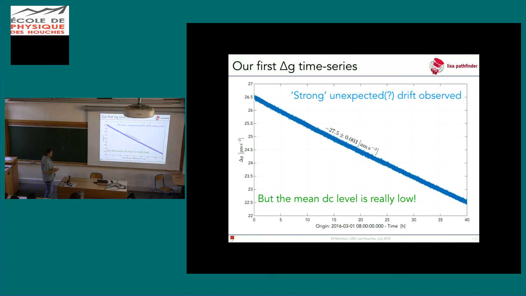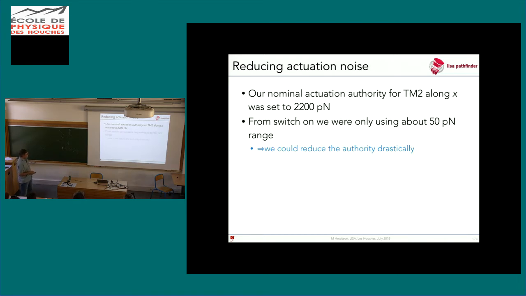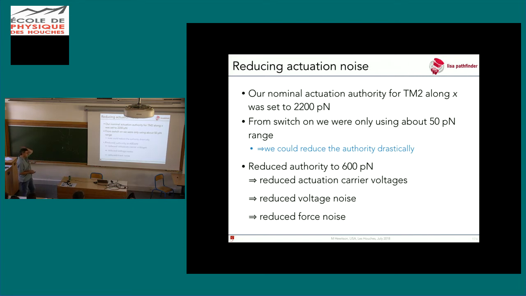Now, we had designed the system to operate with something like nanonewtons of differential force, not piconewtons. So we were able to turn down our actuation authority by quite a lot. Okay, we were using less than 50 piconewtons, so we could reduce it.